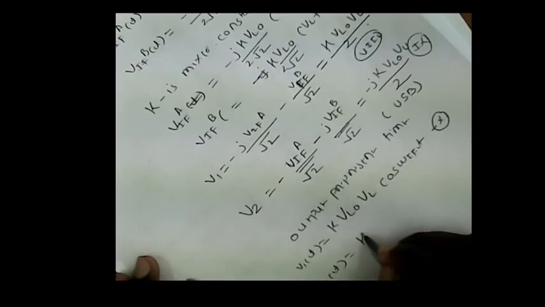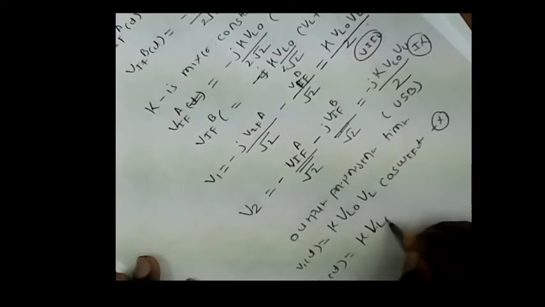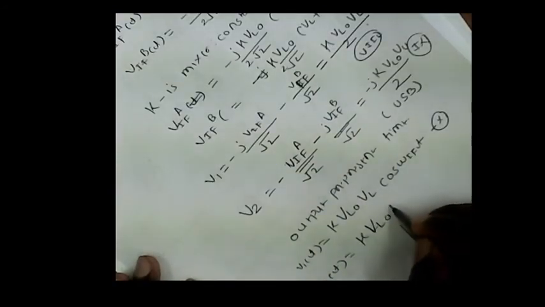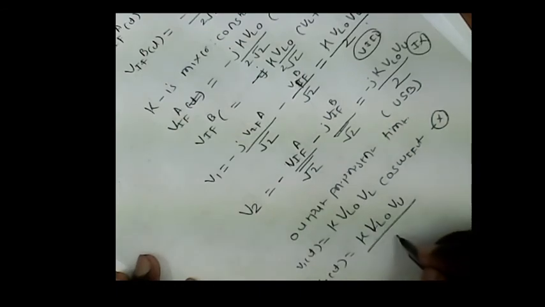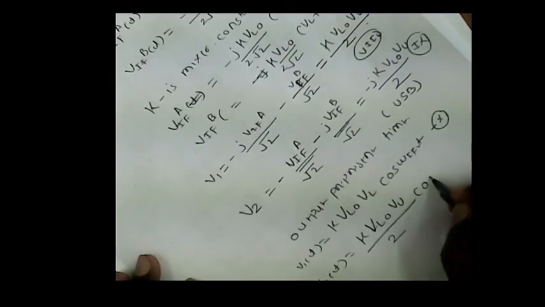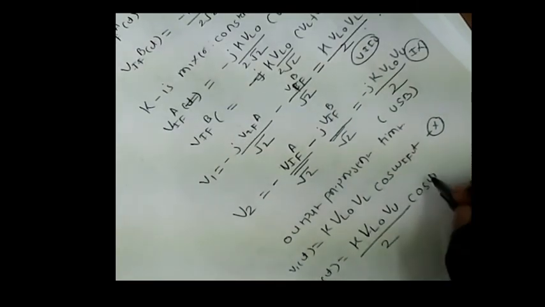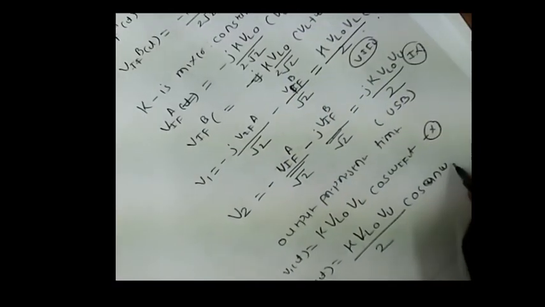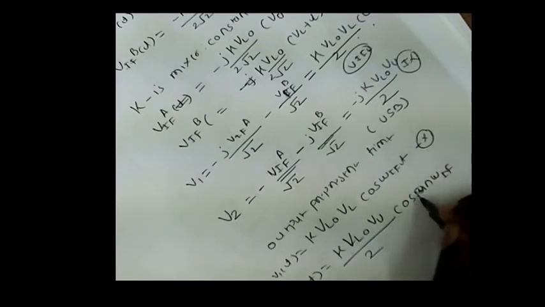This is equation number 10, and V2 of t is equal to K into VLO into voltage of the upper sideband divided by 2 sin omega IF into t. So this is equation number 11.